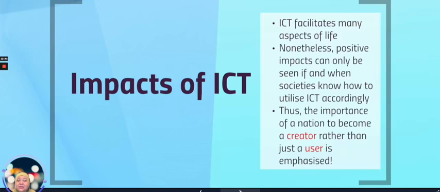You create something for the benefit of society. And how you create it, you use ICT as part of your tools. So yes, there are many things that we can do in our life utilizing ICT, but make sure that they are used in a positive way.